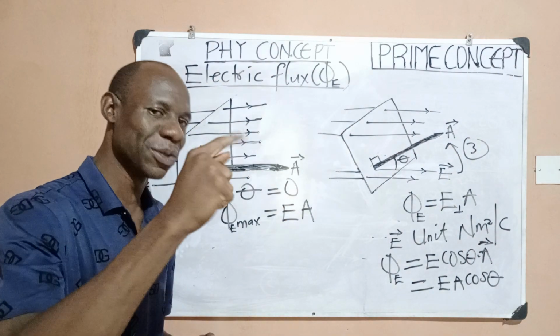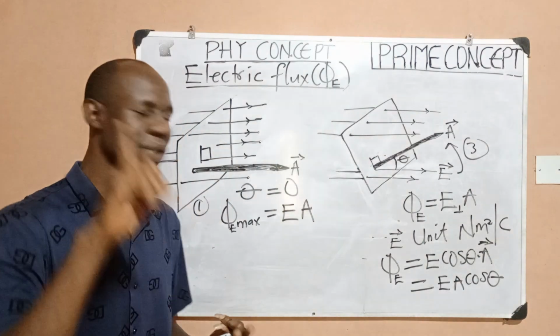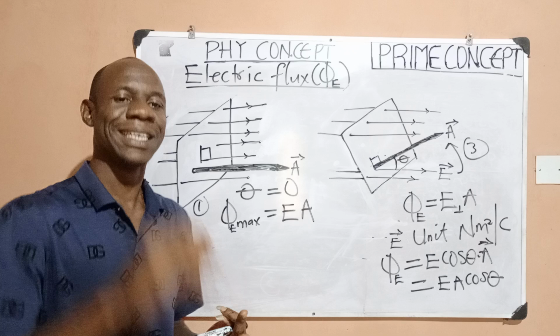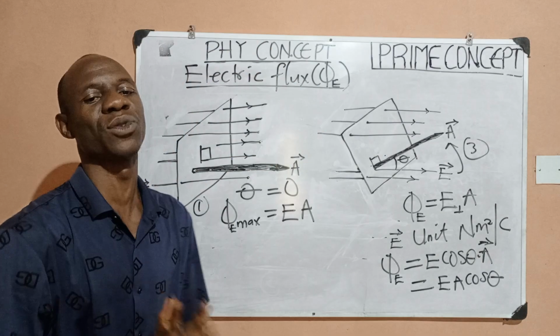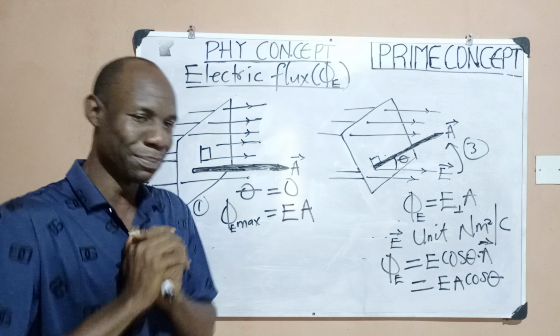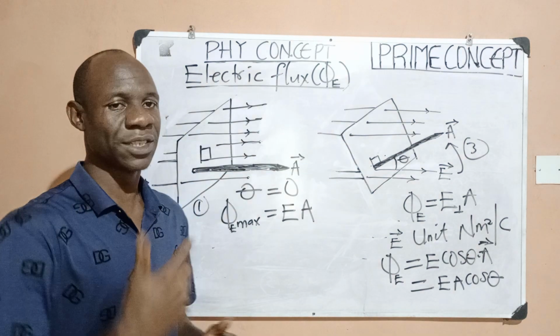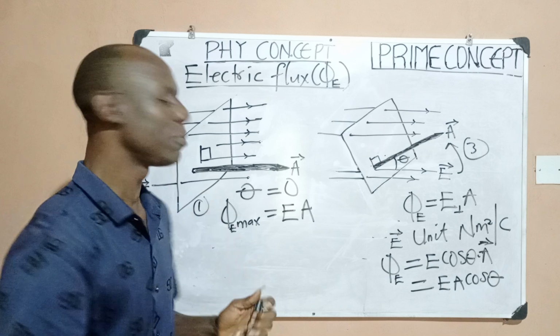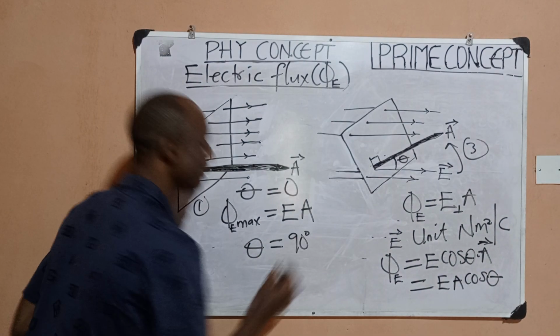When the electric field is what? Parallel to the surface. If the electric field is parallel to the surface, it simply means that the electric field is perpendicular to the area vector. That is to say, you obtain minimum flux when theta is what? 90 degrees.